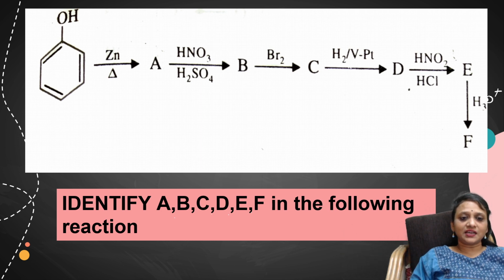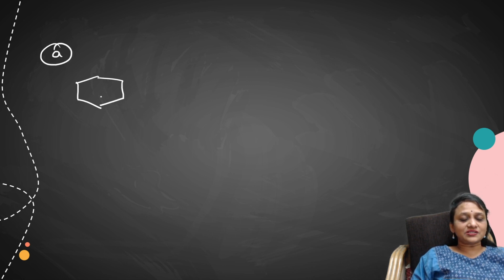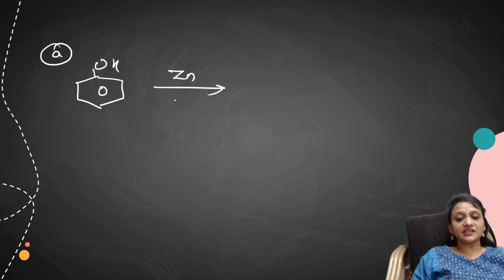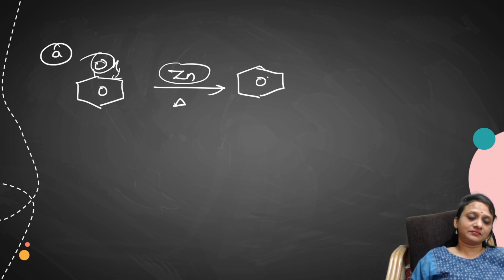Let's start. I'm going to take the first part, students. What is the first part? Phenol is treated with Zn and heat. This is a reducing agent. What will it do, students? Zinc takes the oxygen out and hydrogen is added, and this is the conversion of phenol to benzene.